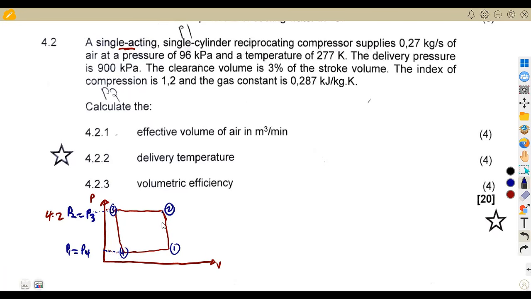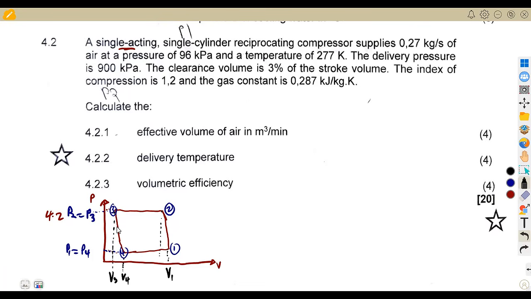These ones are not in a straight line. This one is a curve, all right? So these are not at the same point. So V1 and V2 are not at the same point. So this is V1. Here we are going to have our V2, which is not important. Then here we're going to have our V4, which is important, and we're going to have our clearance volume at V3.